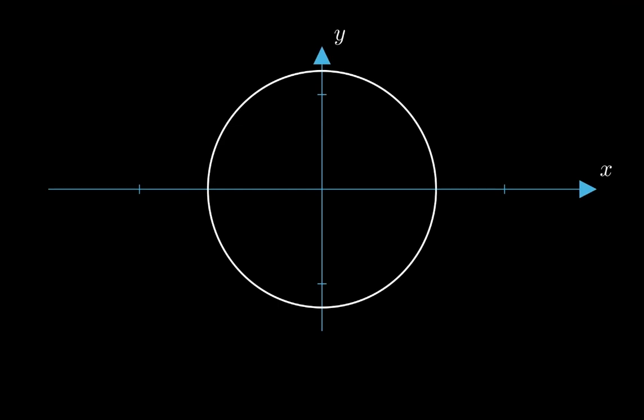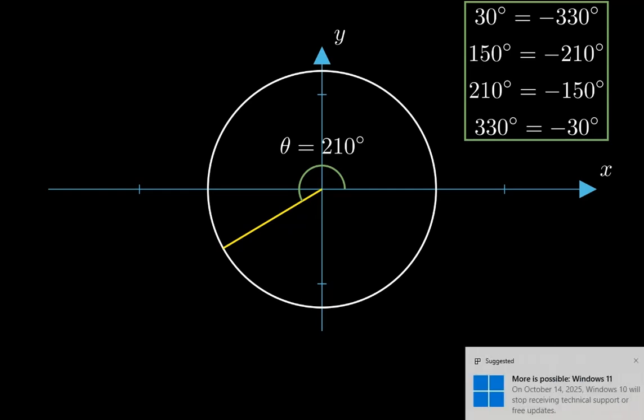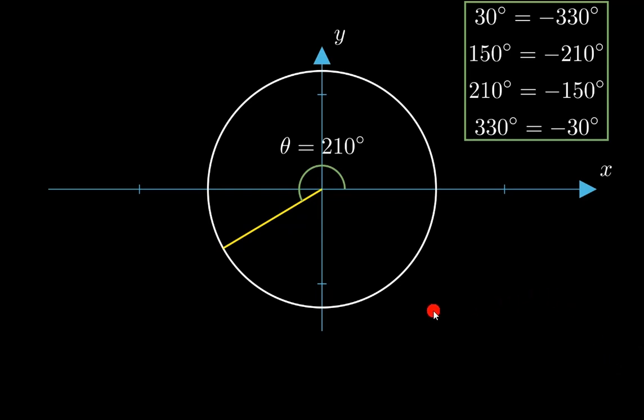Now, what about the third quadrant? In the third quadrant, the angle related to 30 degrees is positive 210, if you measure it from the positive x direction in the anti-clockwise direction. For that particular angle, there is a negative angle, which is negative 150.